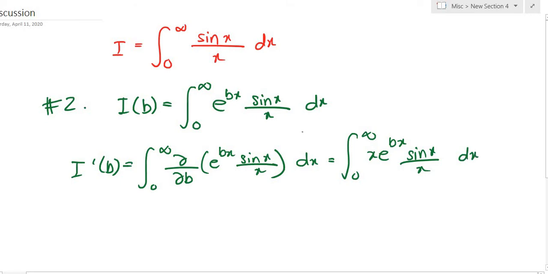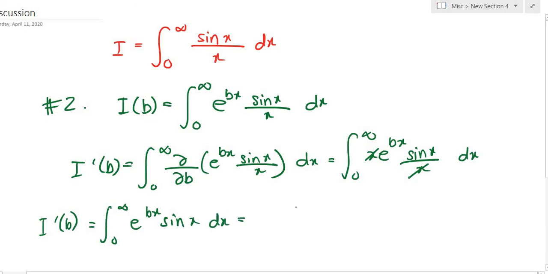And the purpose of introducing this function which has b multiplied by x in the argument was this lone fact that we could bring down the x, and this x could cancel out with the x in the denominator. So finally we obtain I prime of b to be the integral from 0 to infinity e raised to bx times sine of x dx.